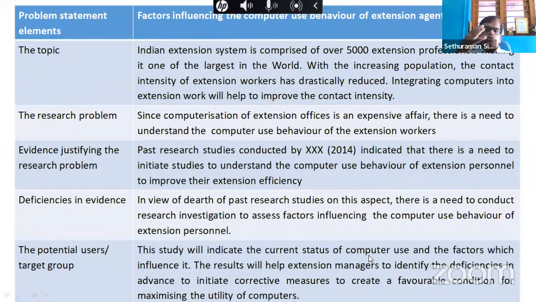This will be a more comprehensive way, because this template was suggested by Creswell, which is mostly used in psychology, sociology, and other areas. But in extension also, lately, our students are using it. Please try to use this kind of template so that you get a very comprehensive research problem, so that nothing will be missed.